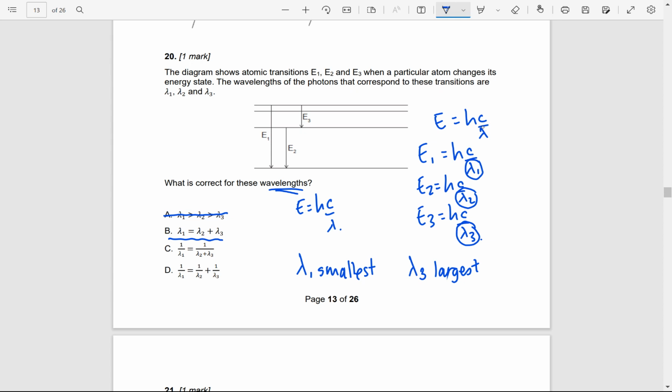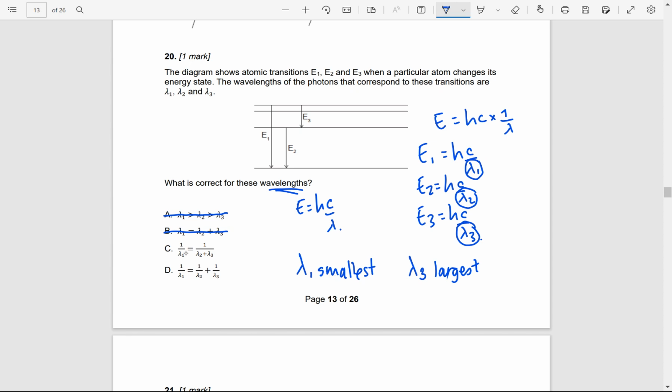However, the 1 over lambda is. So what I could do is I could say like that. Okay, so that is nonsense, all right, because it's 1 over lambda.